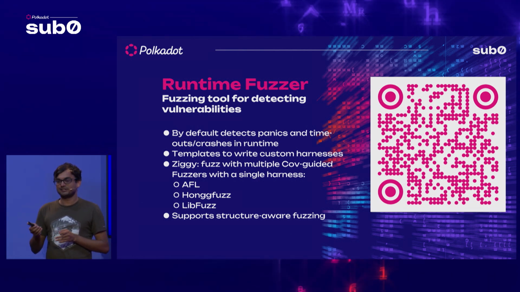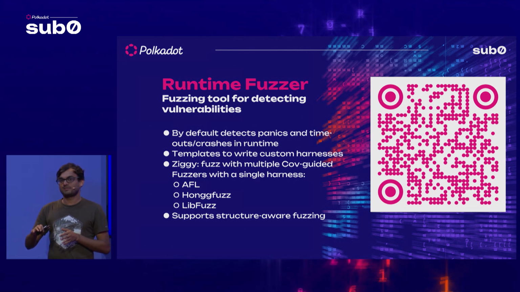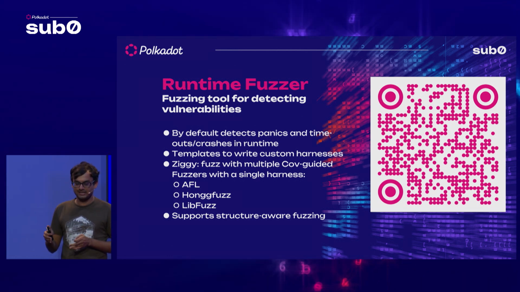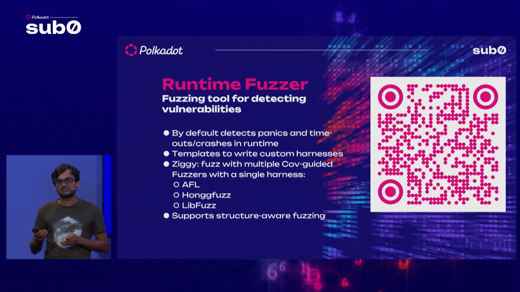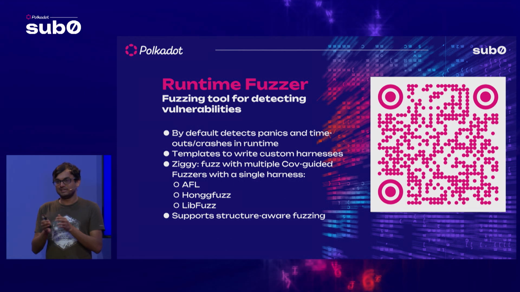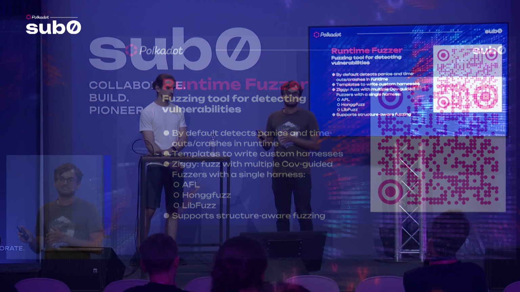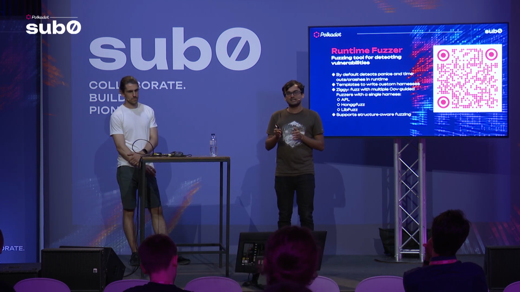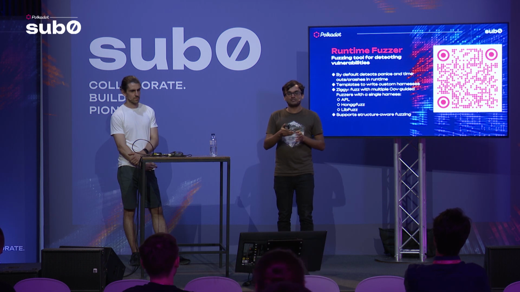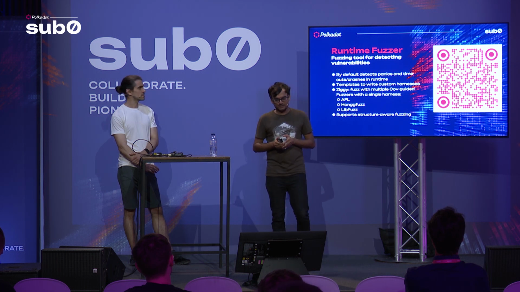All these fuzzers do the coverage-guided fuzzing at the LLVM layer, but they all have different interfaces. If you didn't have Ziggy, you would have to literally write a fuzz harness for each of these different tools. But with Ziggy, you can write one fuzz harness, and it automatically calls all these backend fuzzing engines on your behalf.